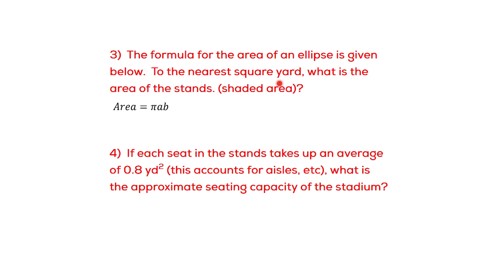So let's find to the nearest square yard what the area of the stands is. The area of the stands is all that shaded region. Now there's a little bit involved here, because the shaded region actually would be finding the area of the big ellipse, but then you have to subtract out the little ellipse because it's not shaded inside there.